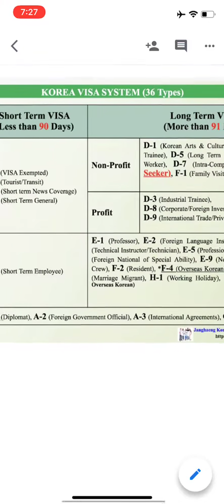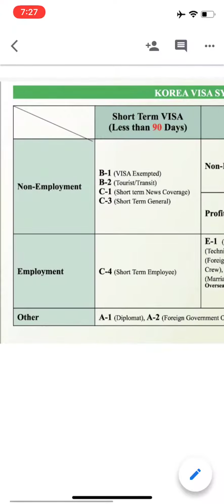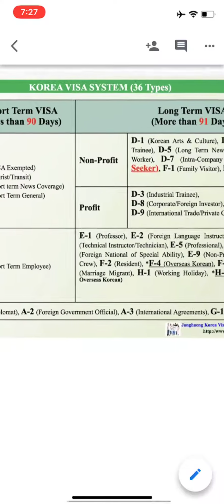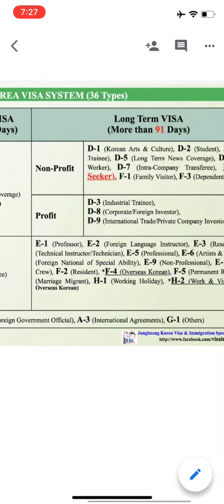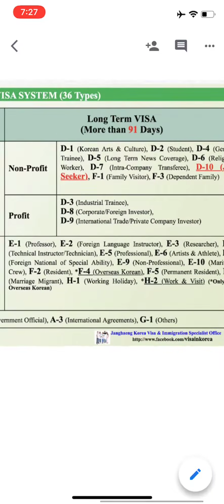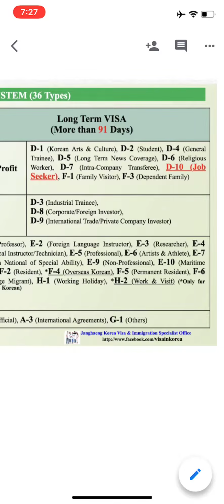There is profit working, even though it is not employment: the D3 industrial trainee, and D8. D8 is a corporate investor, and D9 is an international private company investor. So except for the D3, D8 and D9 are investors. It means they cannot work for others, just work for yourself as a president, right?